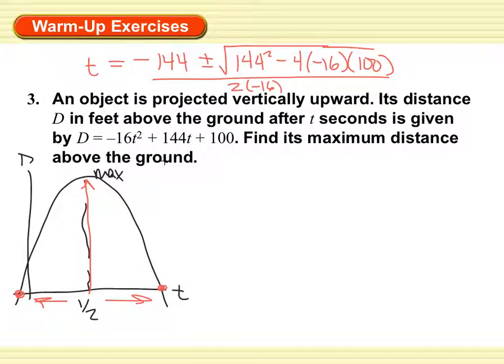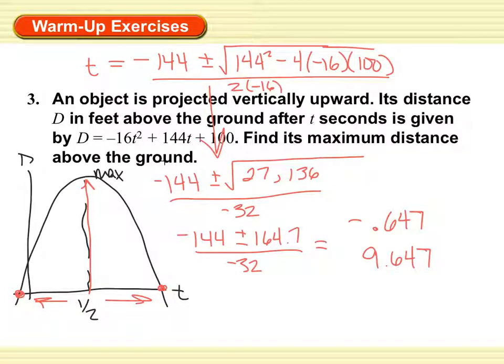Okay, let's simplify that. So there are my two t-intercepts. Got negative 0.647 and positive 9.647.